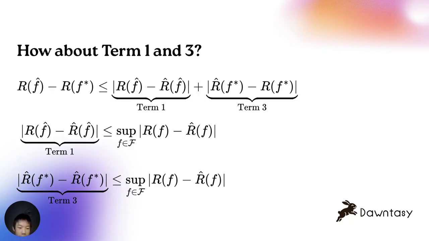In this case, we're taking the supremum of that, trying to find the model with the largest generalization gap, the worst case scenario. Out of all possible models, which is the worst possible one for generalizing? Term 1 and term 3 both satisfy this inequality, because nothing can be worse than the worst case. And because of this, we can substitute these terms into the equation again.